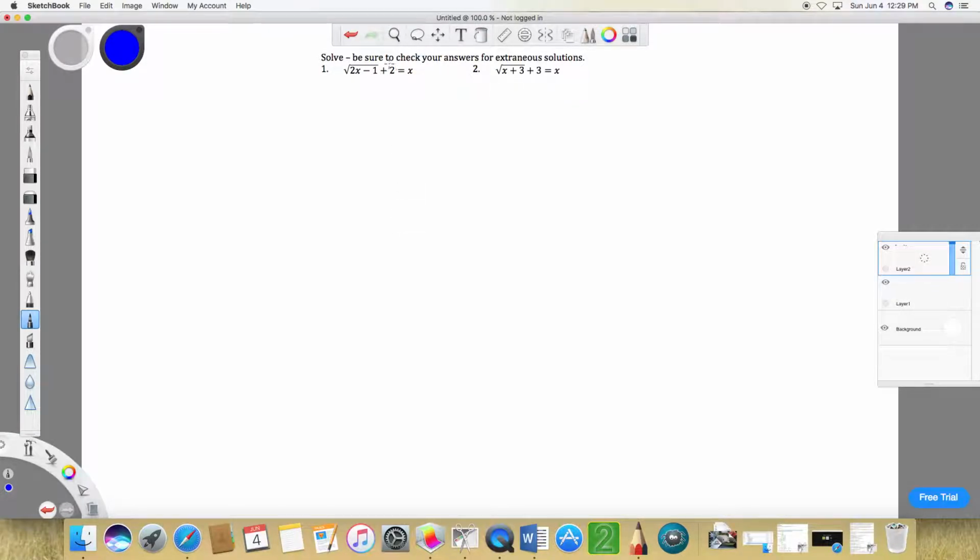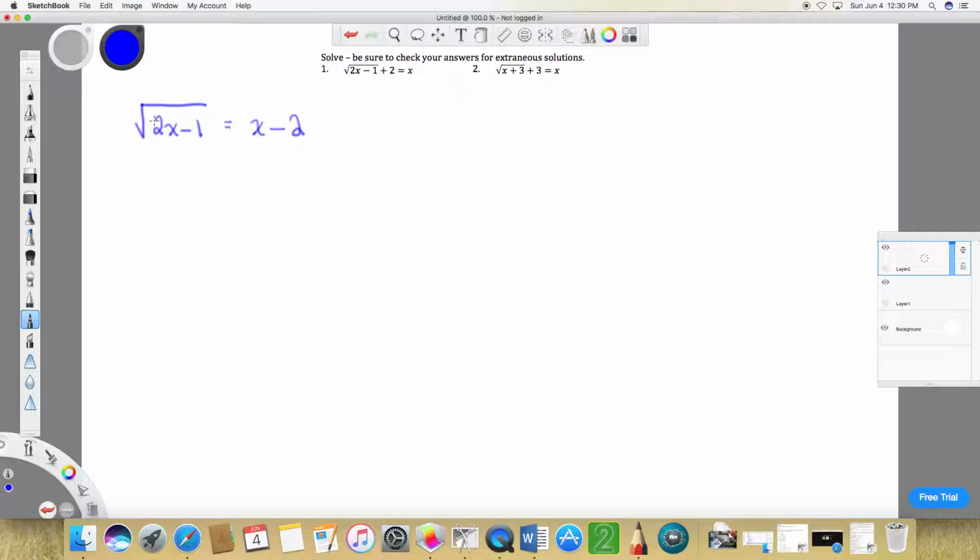And let's subtract 2 from both sides of this equation. So we have the square root of 2x minus 1 is equal to x minus 2. We're trying to get the x by itself, but right now we really can't add 1 or divide by 2 to do that. On the left-hand side, we really need to get rid of this square root.